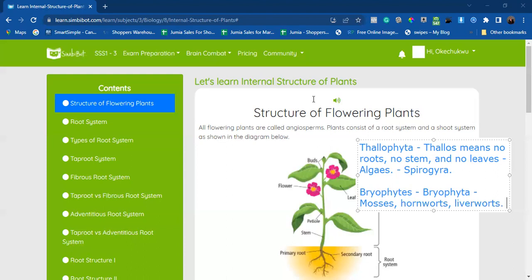Let me see if I can find an example on Google. Okay, so let's continue. I guess I can't.